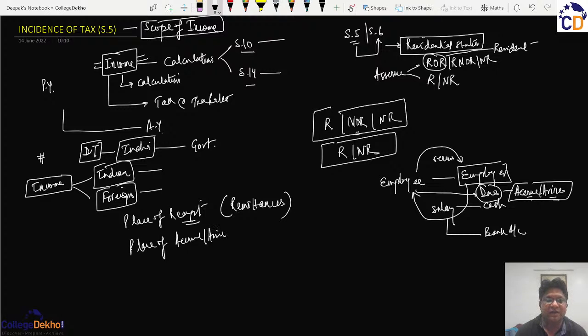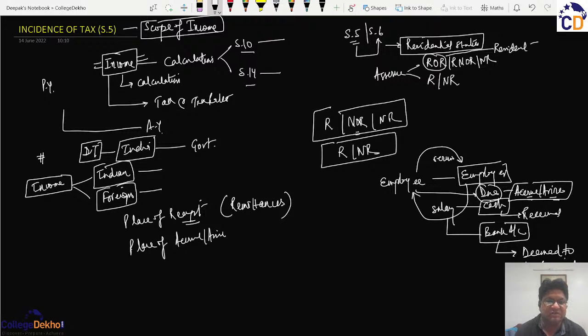Now again I come back to the word receipt. So once the salary is due, you will either receive it in the form of cash and or in the form of the bank. If you receive directly, then we use the word received, and when it gets credited to your account, then we say that it is deemed to be received.